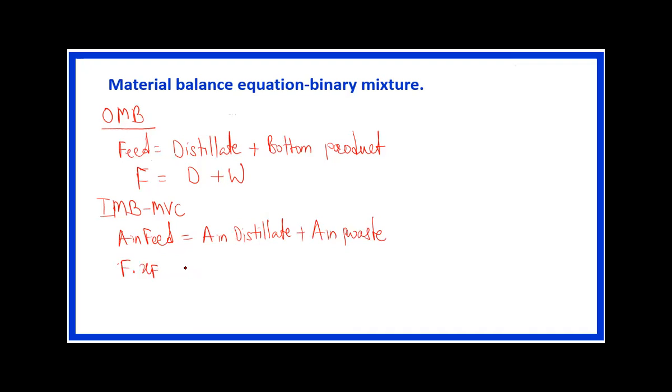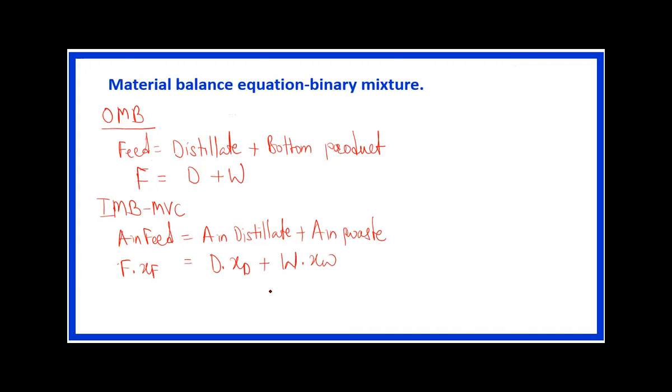We are considering XF as the MVC fraction in the feed in liquid phase. Then in the distillate, it can be written as D into XD, where XD is the mole fraction of MVC in the distillate, and W into XW, where XW is the mole fraction of MVC in the waste.